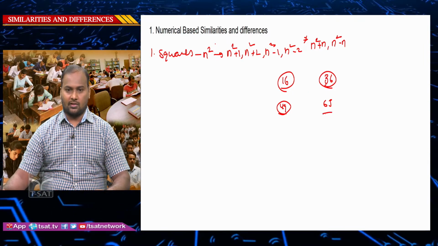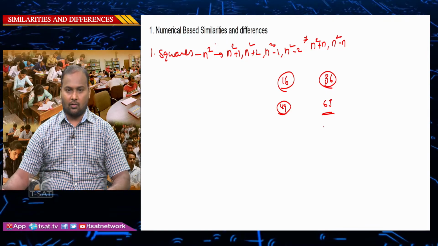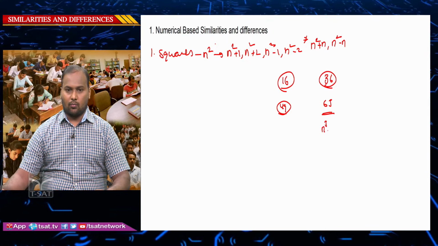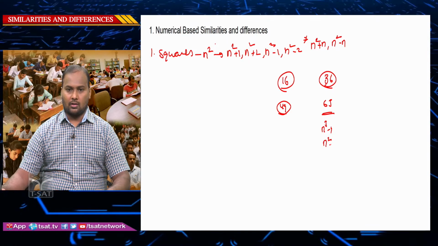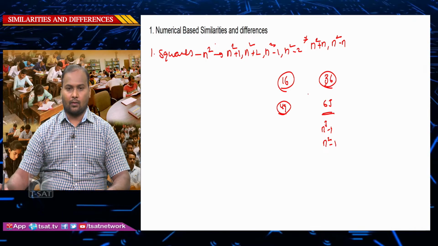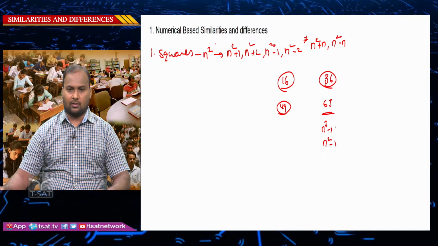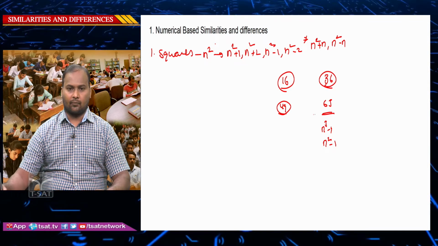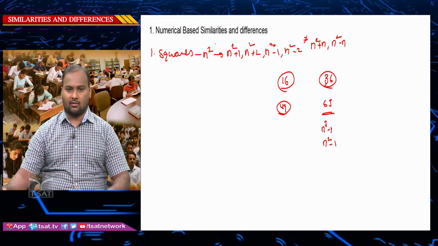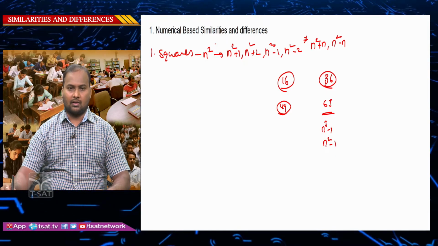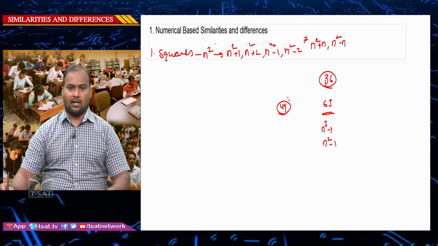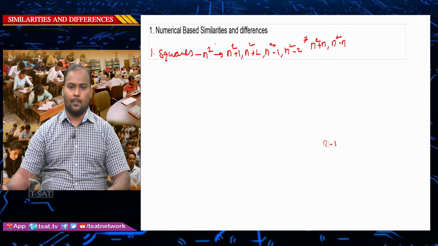But 63 is in the format of n cube minus 1 or n square minus 1. Because of that, this is completely a different one, and the remaining three, that is 16, 36 and 49, are completely similar. So, this is how the similarities and differences can be expected in the exam.